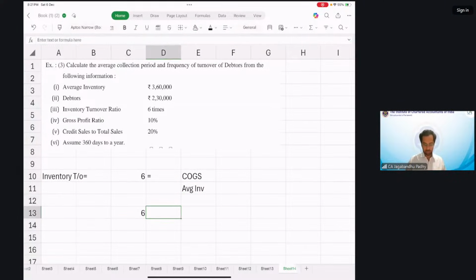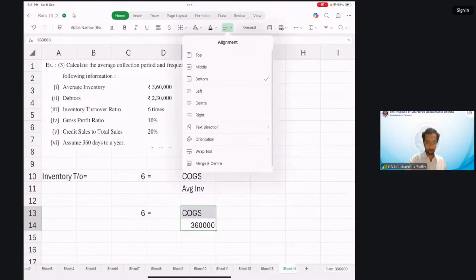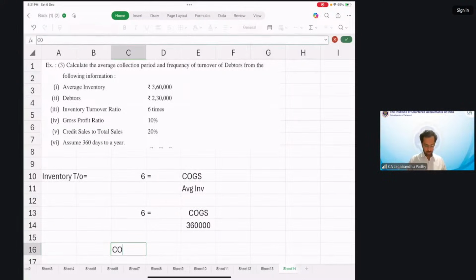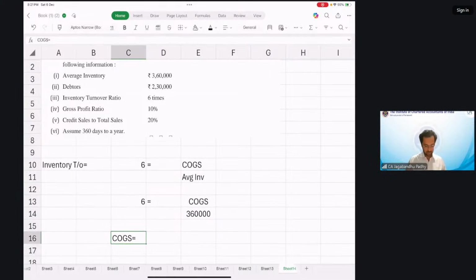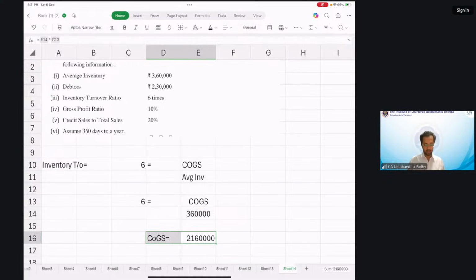So 6 is equal to COGS upon the average inventory of 3,60,000. So COGS stands as 3,60,000 multiplied by 6, which is 21,60,000.